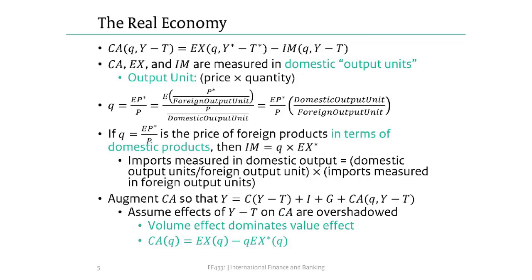It's pricing real goods and services of foreign output specifically in terms of domestic output. So let me say that again. Q, therefore, is equal to the price of one unit of foreign output in terms of domestic output. And this price is represented by EP star over P. This variable here goes in the numerator, right? That's how you should think about it.